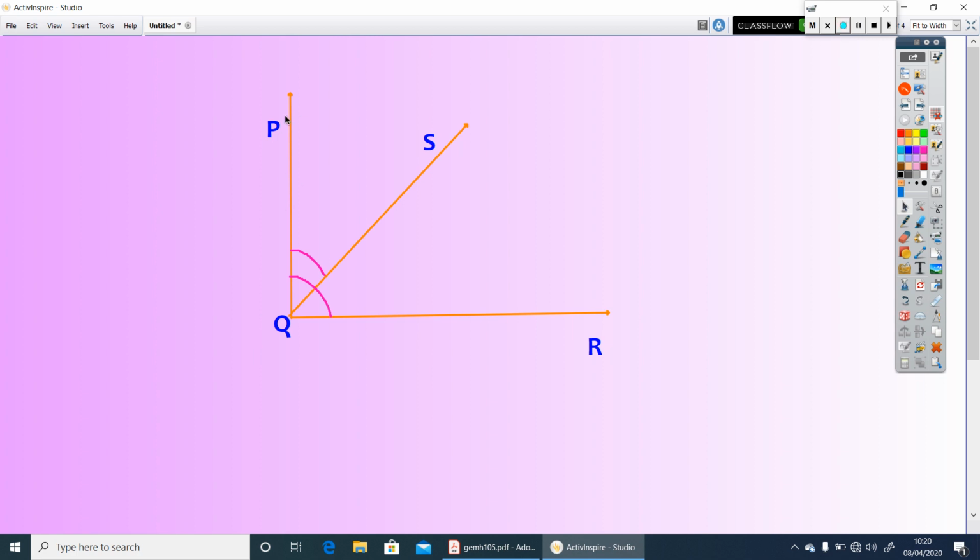PQ is there in PQS and PQR. Common arm is there, common vertex is there. But the third condition fails: the other two non-common arms are on the same side of PQ. Therefore, these two angles cannot be adjacent.